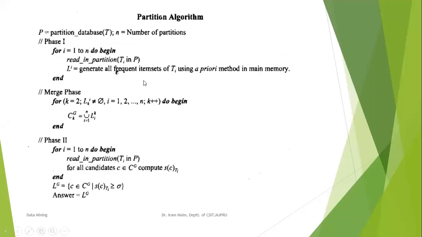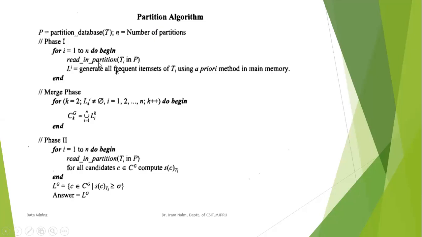It's a very simple algorithm, the same algorithm which is present in the Apriori algorithm. What we do here, we simply partition the database. जितने भी आपको partition करने हैं आप partition करेंगे. P is your partitioned data set and N is the number of partitions. We start phase 1 for i equals 1 to N. ठीक है?